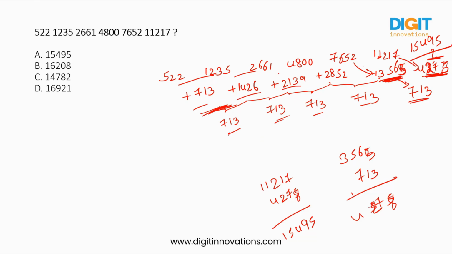So I got 4278 here. And this difference is being added for the main one. And then you got the value as 15,495. Sorry guys, I got confused here. I got the wrong one here. Here should be 5.